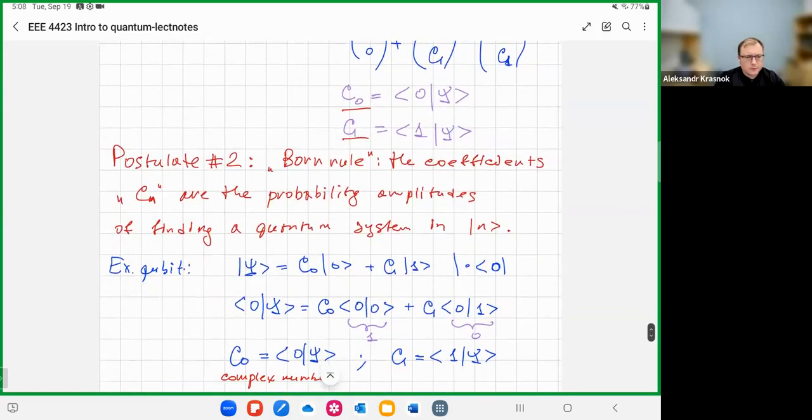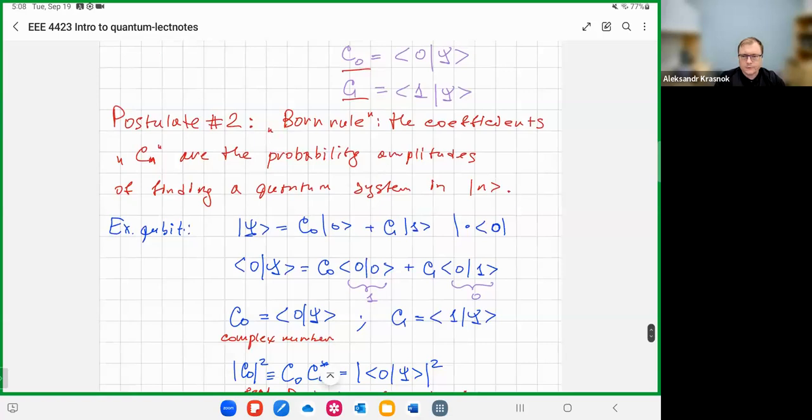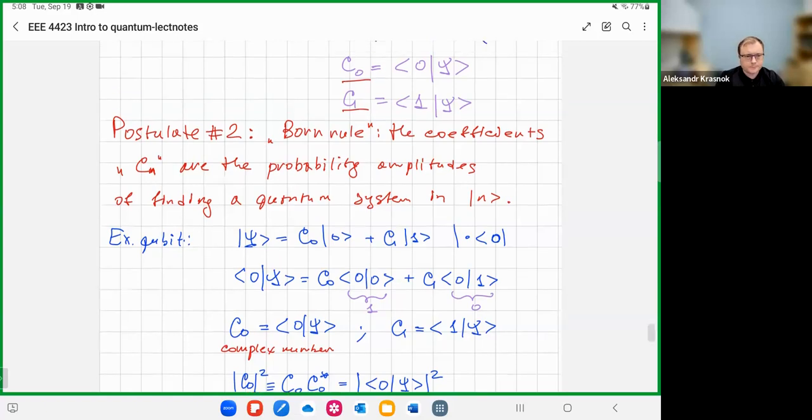Postulate number 2 tells us that it brings physical meaning to the coefficients C0, C1, Cn. These coefficients give us the probability amplitudes of finding a system in a particular state.